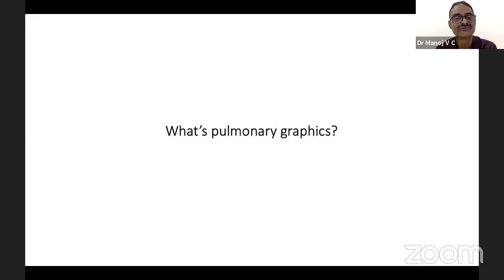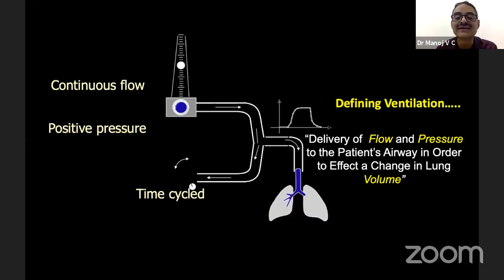What is pulmonary graphics? Well, let us go back to the first session where we defined ventilation as delivery of flow to result in a pressure, because we are using pressure control ventilation, delivery of flow and pressure to the patient's airway to effect a change in the lung volume.